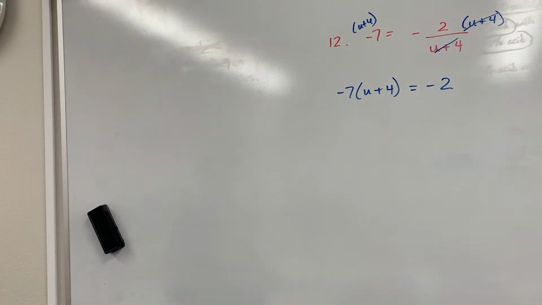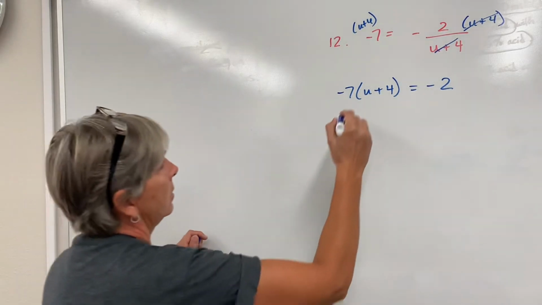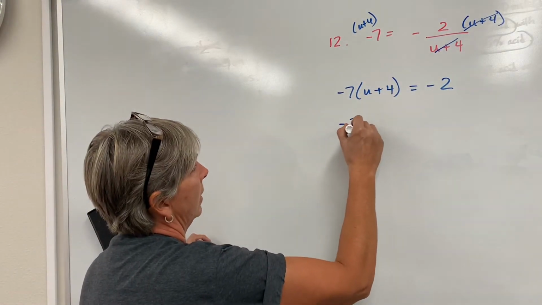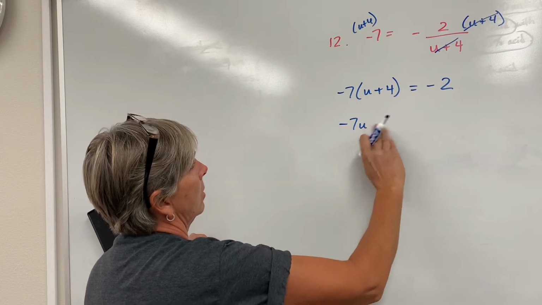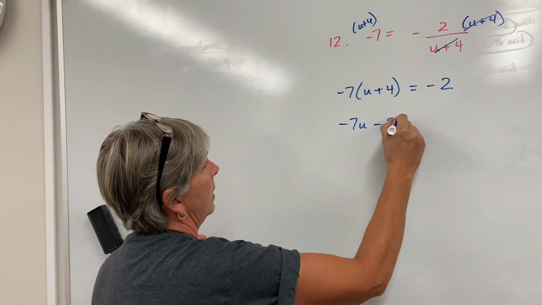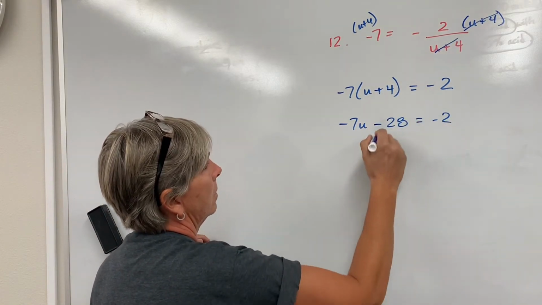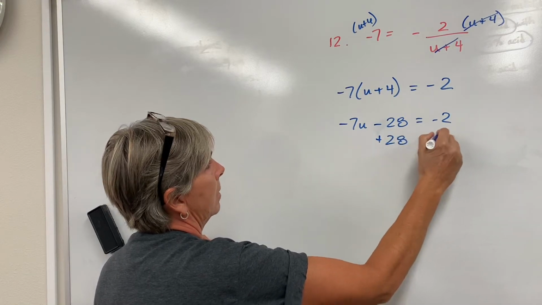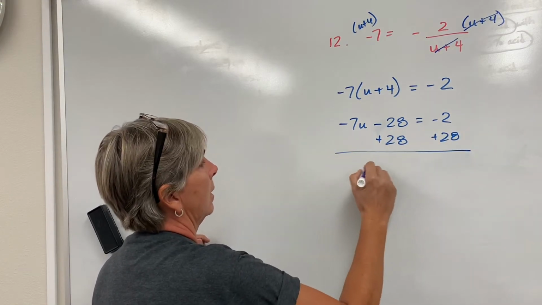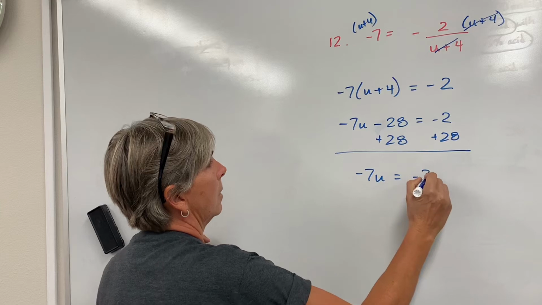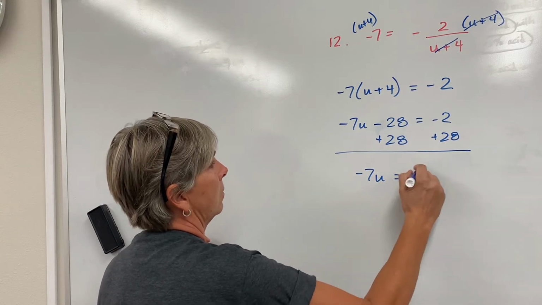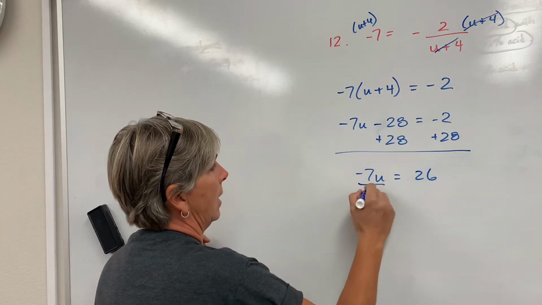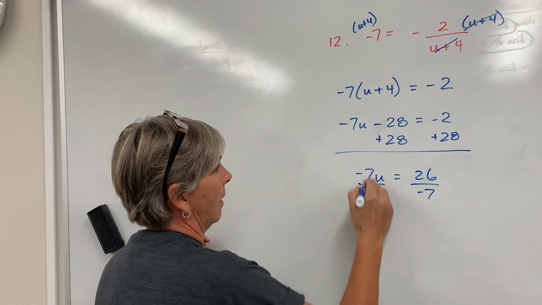Now I have an equation without the fractions, so this becomes very simple at this point. So if I distribute my negative 7, I get negative 7u minus 28 equals negative 2. If I add 28 to both sides, I get negative 7u equals positive 26. In my last step, I would divide by negative 7.